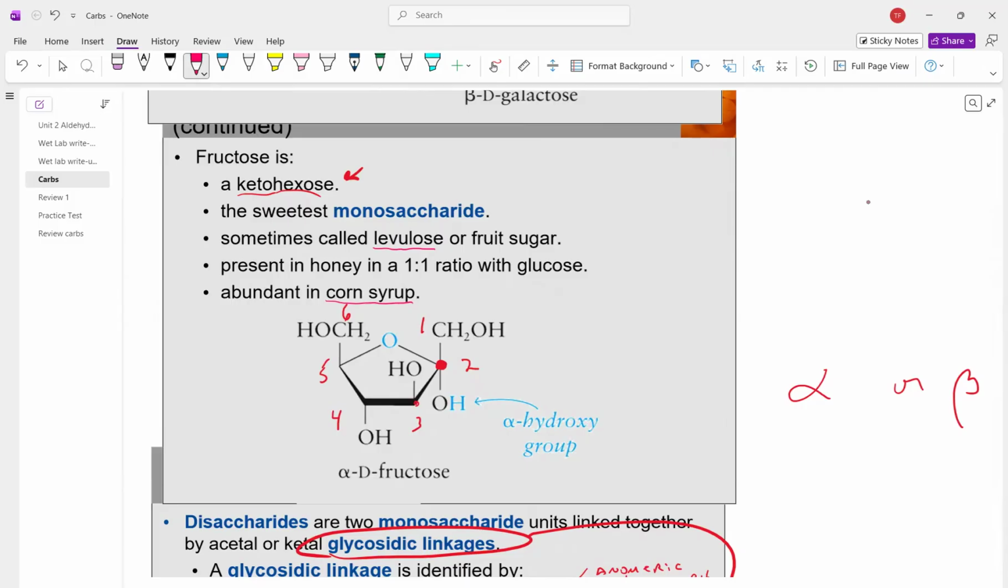Okay, so fructose is alpha and beta also, and it has to do with this on carbon number 2, which is the anomeric carbon. If it goes down, it's alpha.